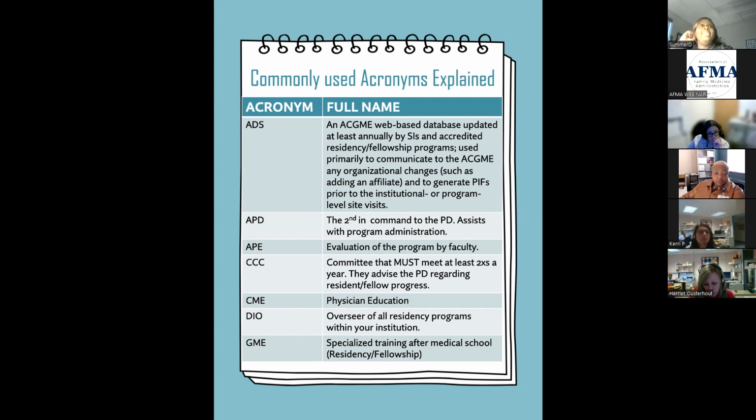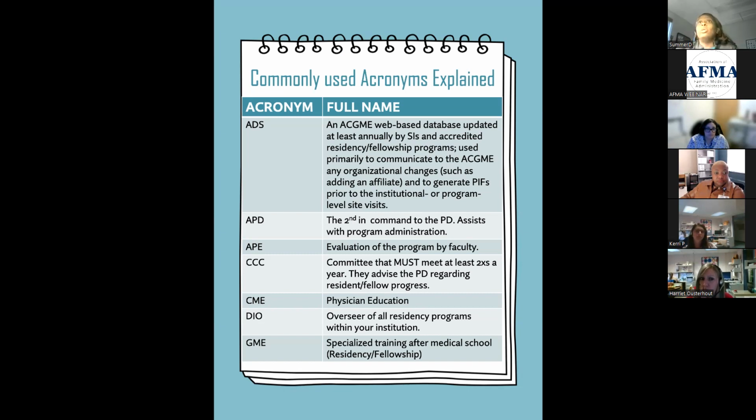The APD, which I always say the ADP, which people are like, what's the ADP? I don't know. But an associate program director, to me, is the second in command to the program director. I was doing a little research, and Mr. Google told me that if you have more than 15 residents in your program, then your program has to have an APD.